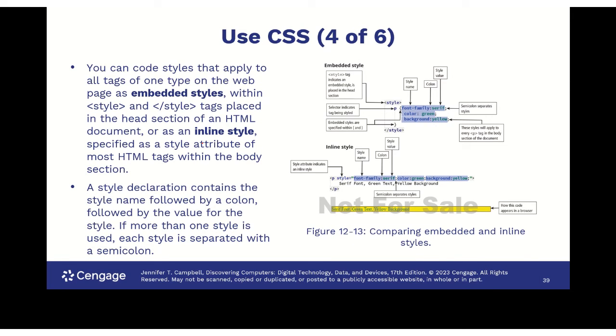A style declaration contains the style name followed by a colon, followed by the value for the style. If more than one style is used, each style is separated with a semicolon.